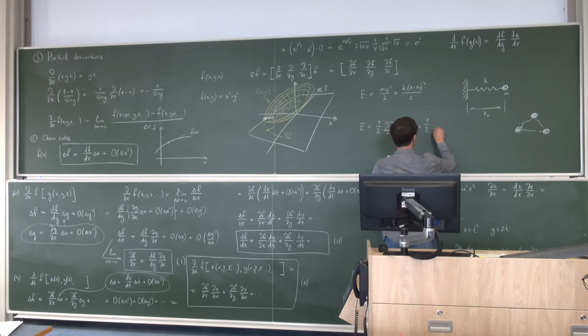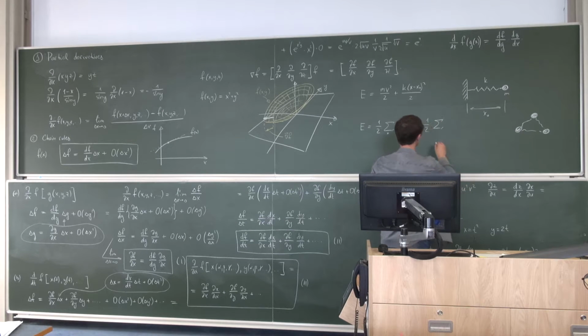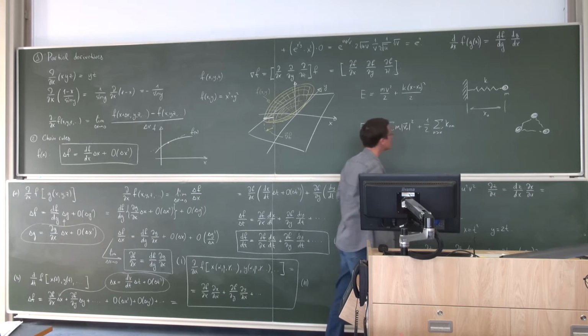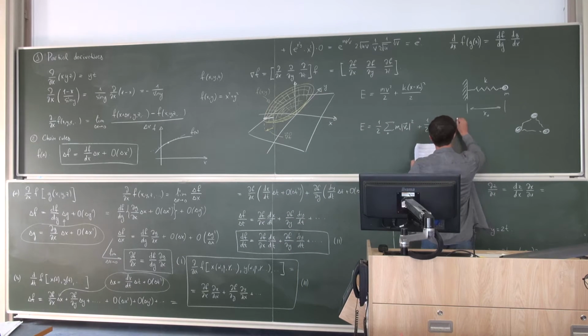So it will be 1/2 a sum over all pairs of particles, but we don't want to count that twice, and so this is a sum for n greater than m, and then k_nm, the force constant of the bond between particle n and particle m, and then the location of particle n minus the location of particle m, so the bond length, minus r_nm equilibrium bond length, and all of that we would want absolute square.